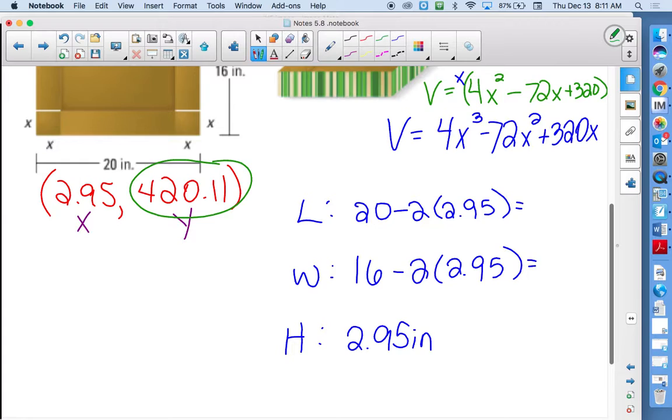So once you find x, you can plug it in for your formula in the length, width, and the height. So approximately your dimensions would be around 3 for the height, 14 for the length, and what about 10 inches for the width? Questions?